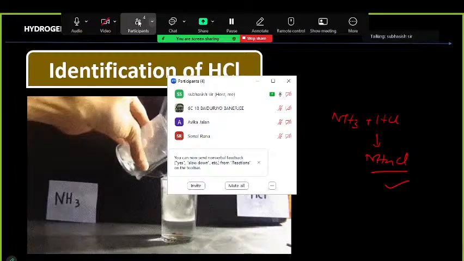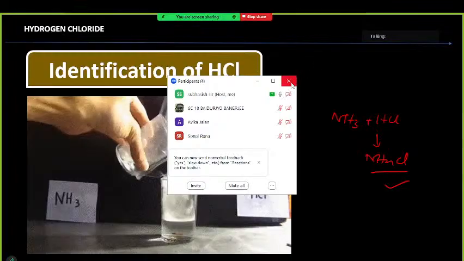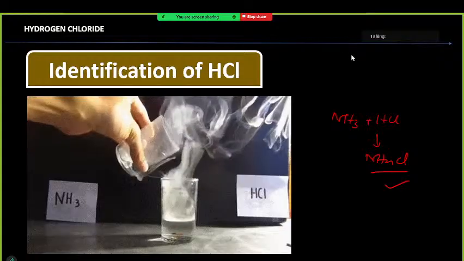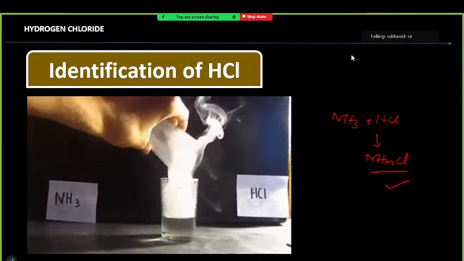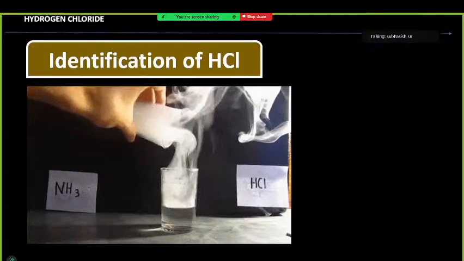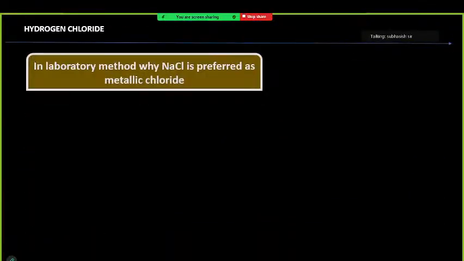So these are some important pieces of information related to the lab preparation of HCl.